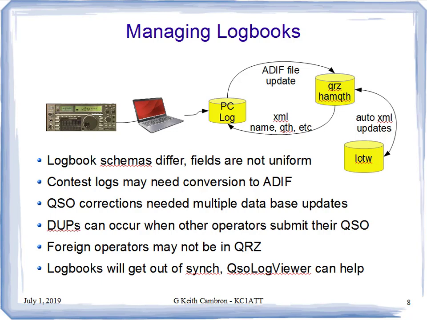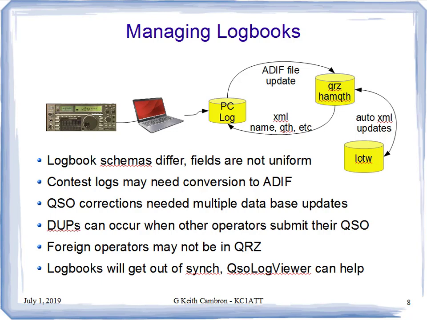You're going to find these logbooks get out of synchronization, and one of the reasons is, particularly with the web-hosted logbooks, that QSO corrections are made, and they have to be made in the multiple databases. Duplications occur in one way when other operators submit their QSOs, and there's a difference between their QSO as they recorded it and what you recorded.